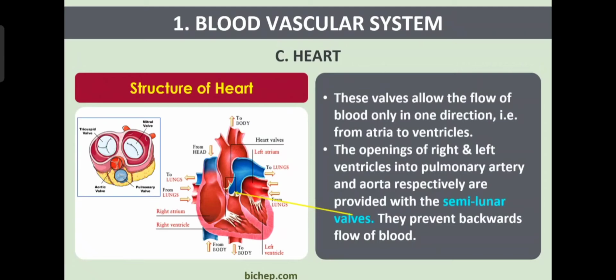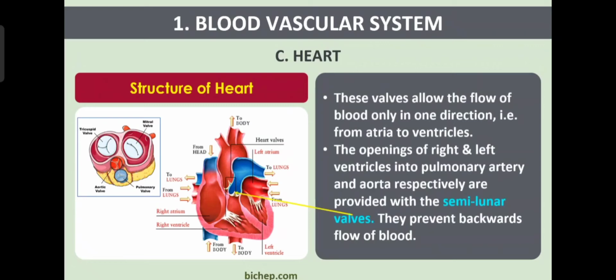Now, the ventricles open into the pulmonary artery and the aorta respectively. Both these openings are provided with a semilunar valve. A valve is present in the pulmonary artery and in the aorta.